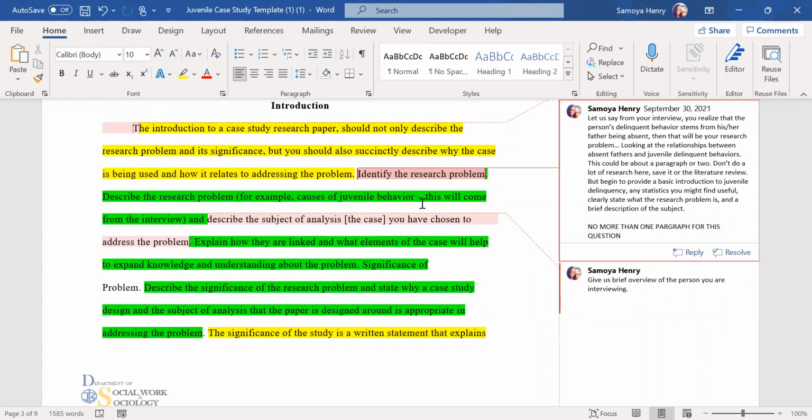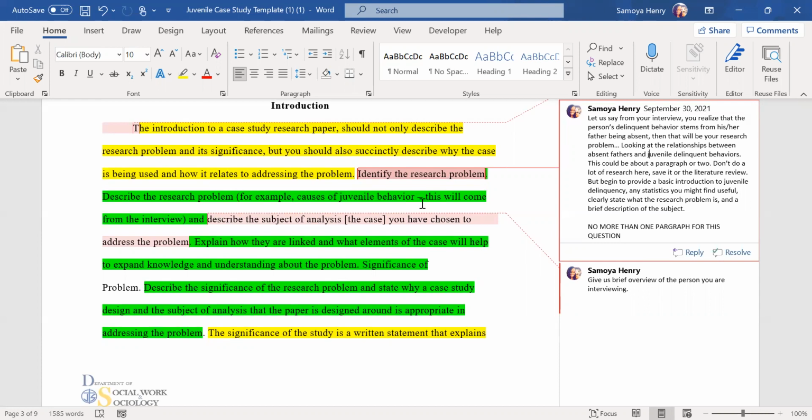The research problem is for you to be able to identify what the main idea or concern is from the interview, as it relates to juvenile delinquent behavior. All right.